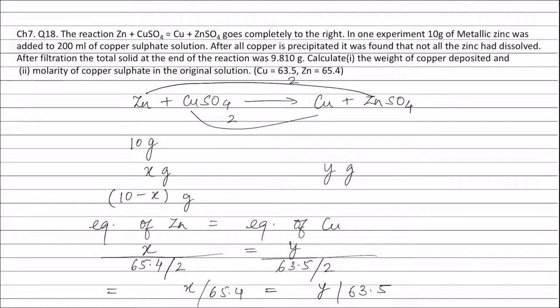As can be seen from this equation, x divided by 65.4 gives the moles of zinc and y divided by 63.5 gives the moles of copper. Since the equation is balanced and valency factor for zinc and copper are same, therefore it can also be said that moles of zinc is equal to moles of copper.